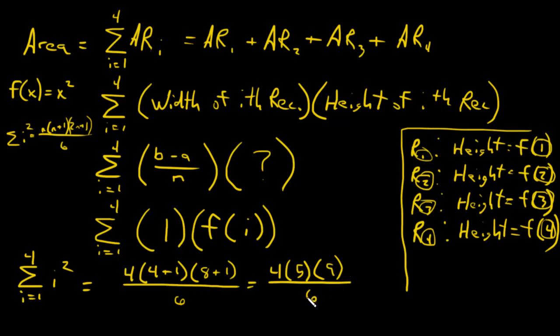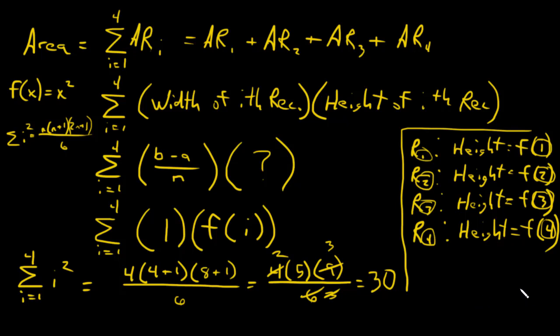Okay, so let's see, that'll become a 2, that'll become a 3. 2 times 3 is 6 times 5, 30. What did we get when we did it manually? 30. Exactly right. So this is the very first example of using sigma notation to solve a real problem. Okay? Now, let's take a second to digest this.